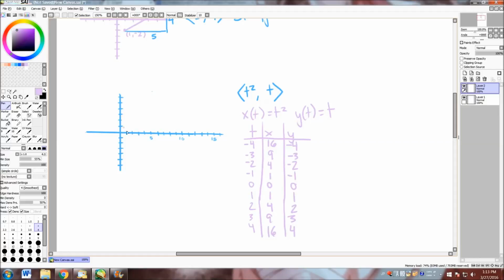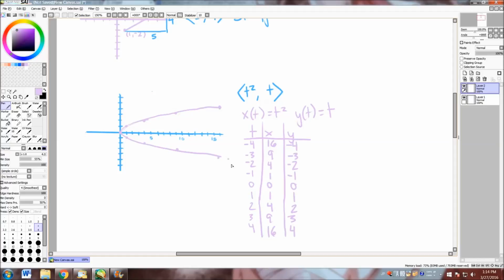Alright, so let's graph this. So we have (16, -4), (9, -3), (4, -2), (1, -1), (0, 0), (1, 1), (4, 2), (9, 3), and (16, 4).